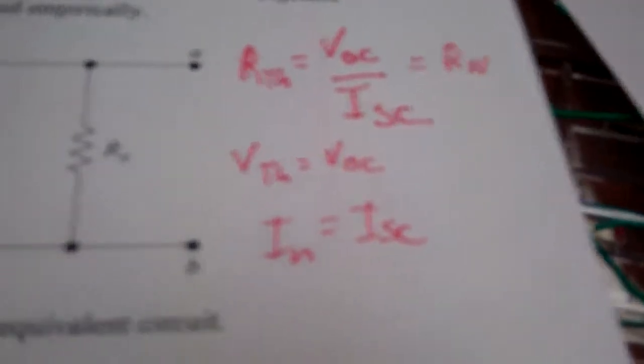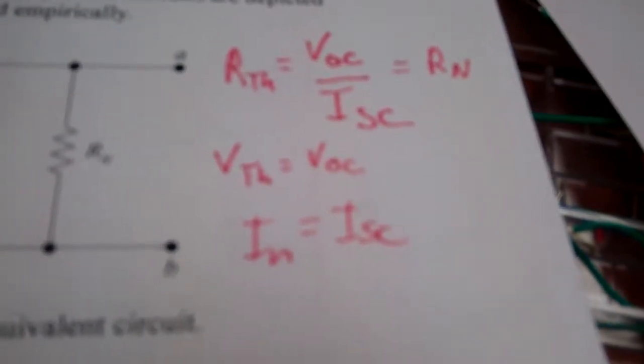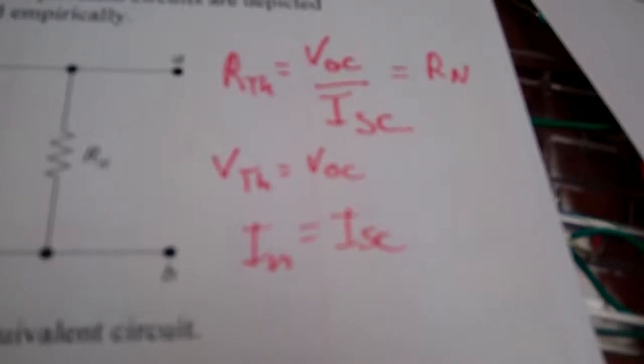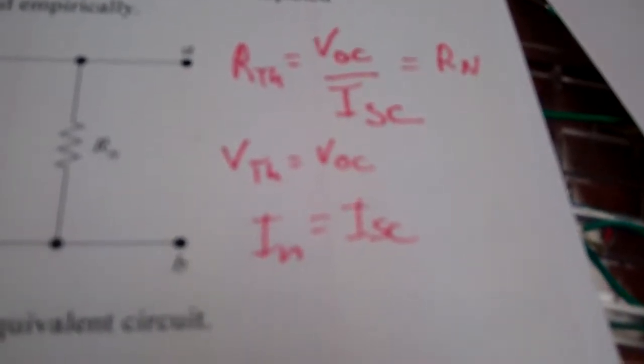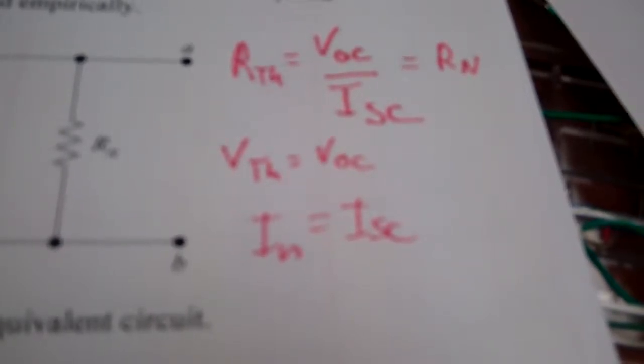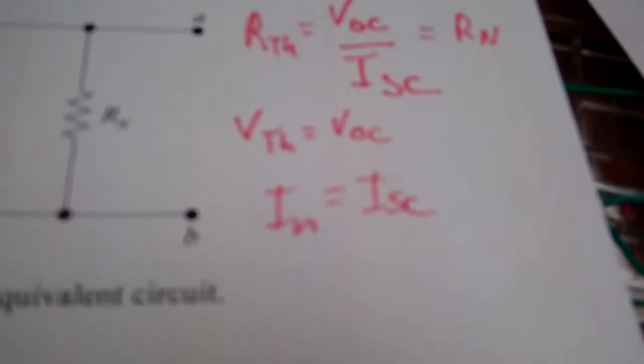And then you use these equations right here. So the Thevenin resistance is the open circuit voltage divided by the short circuit current, and that's also the Norton resistance. And then the Thevenin voltage is equal to the open circuit voltage, and the Norton current is equal to the short circuit current.